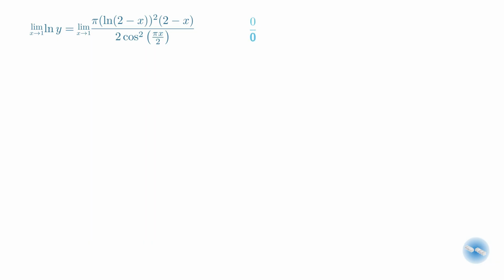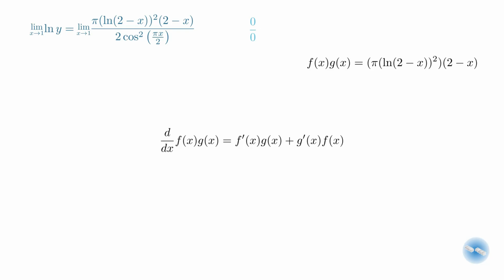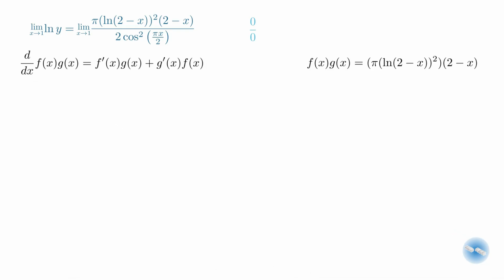Let's start by writing the product of the two functions. The structure of the product rule: we take the first function f of x and get its derivative.